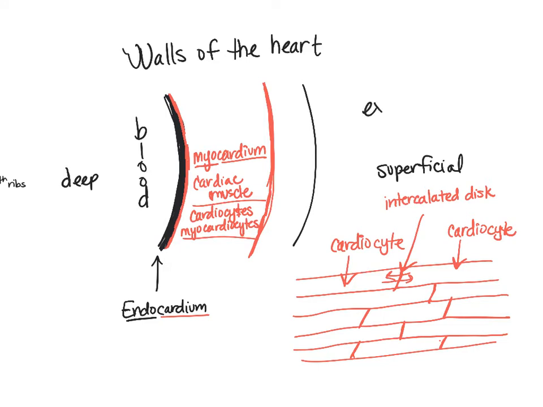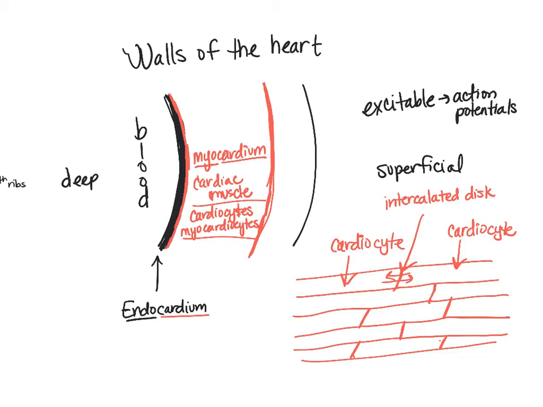So it's excitable, and remember what excitable means. That means that it actually experiences and goes through action potentials. So it can carry an electrical charge, and that's important, of course, because we need our heart to pump. So it has to have this electrical conduction going through it in order for all of these cells to contract and to pump the blood out of the heart and into the blood vessels.